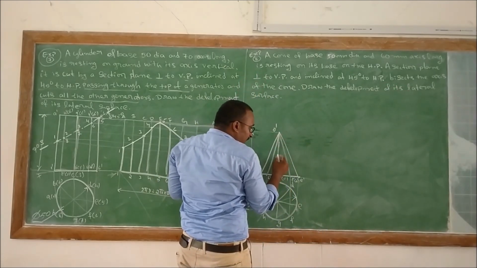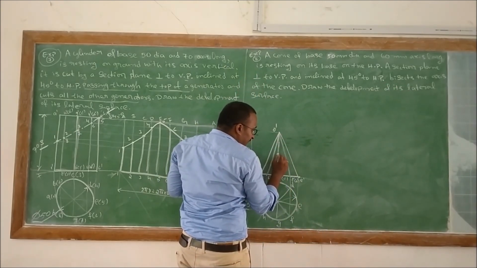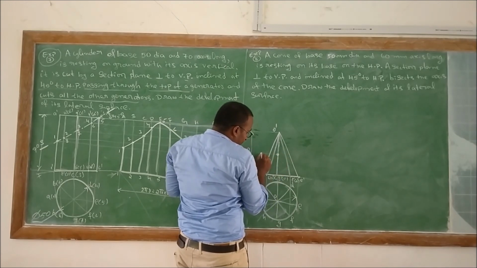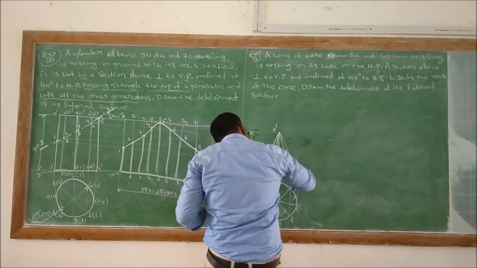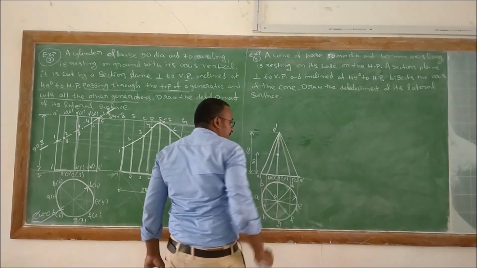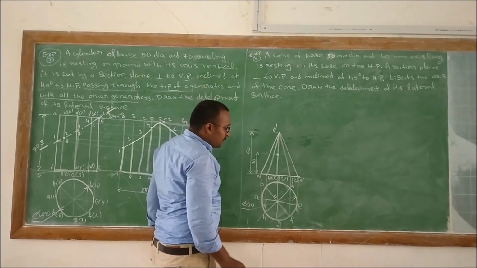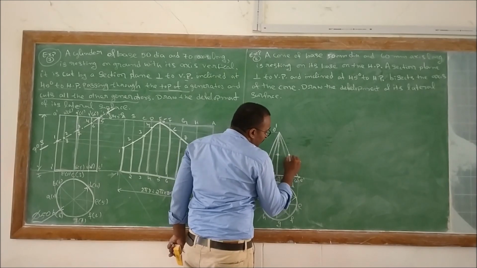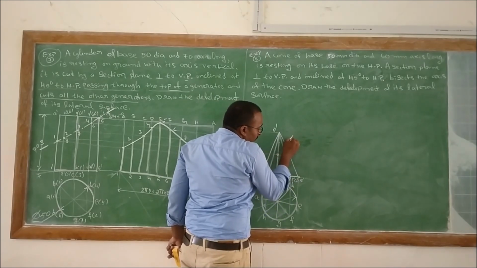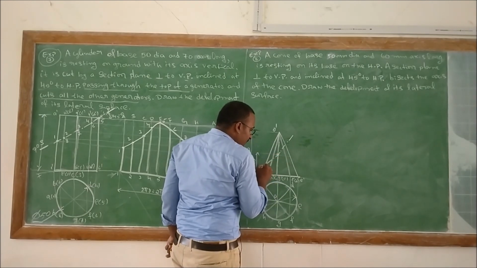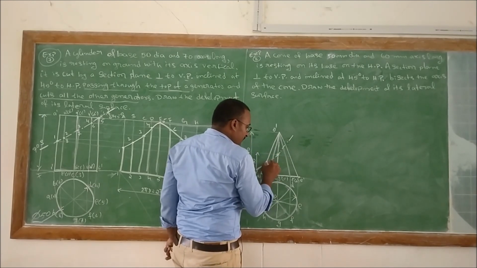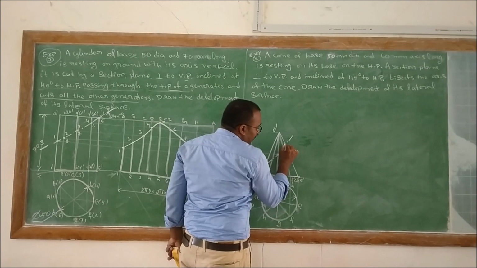and bisecting the axis. So here this is the total axis, and exactly at 30 mm we have a section plane, and then 45 degrees inclined, so here this is the section plane.